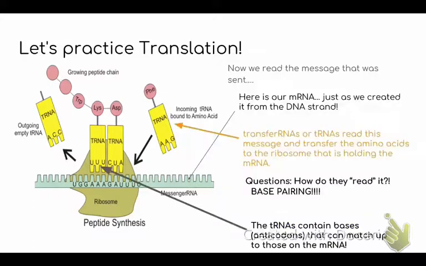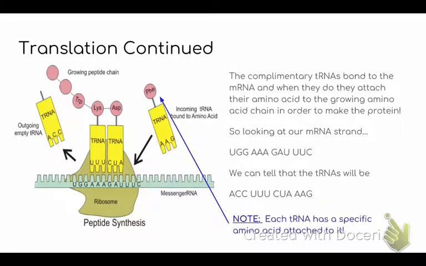So the complementary tRNAs bond to the mRNA, and when they do, they attach their amino acid to the growing amino acid chain, just like I said. All right, so looking at our mRNA strand, which we discovered was this, we can tell what the tRNAs will be. They're going to be the base pairs that would match up with that mRNA.